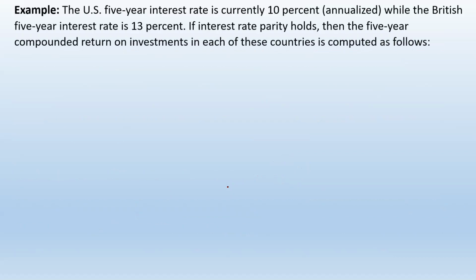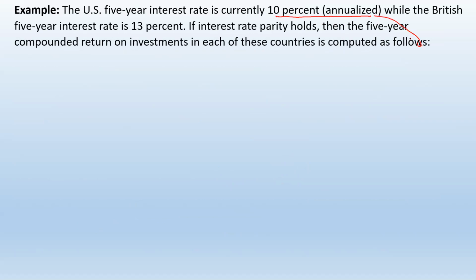So here is one example. If we want to do 5-year forecasting, and the US 5-year interest rate is 10% per year, that's the annualized interest rate. Remember, this is the quoted rate. So for each year, the earnings you get investing in the US is 10%.